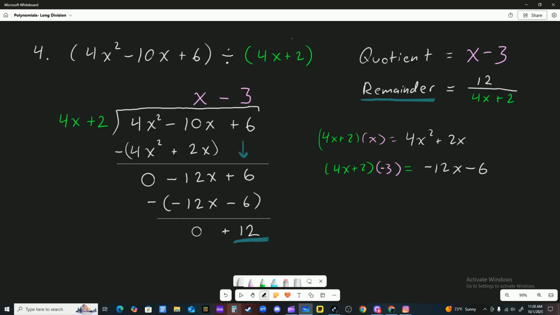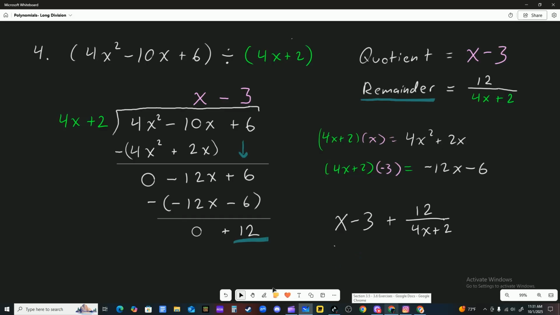Just like that. So our final answer is going to be x minus 3 plus 12 over 4x plus 2. Alright guys, so this is our final answer, but there's something else we can do to it.